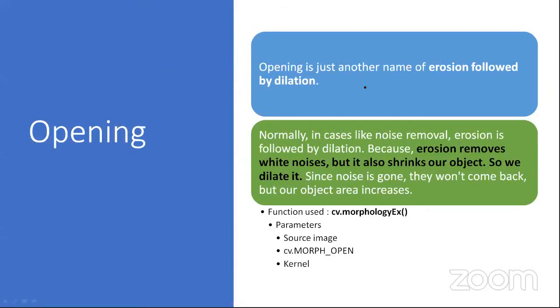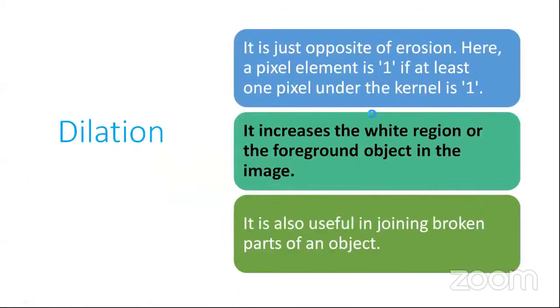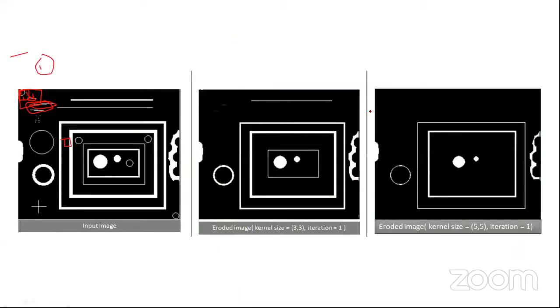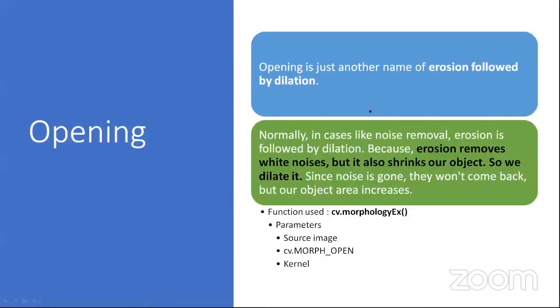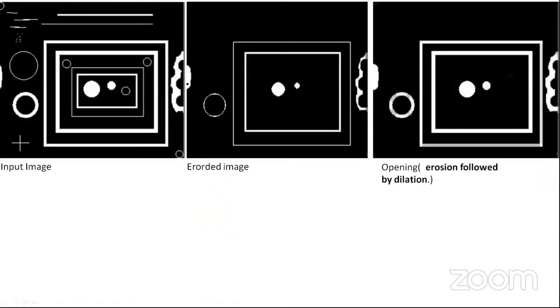So we have opening, which is erosion followed by dilation. So in erosion, what we do is we reduce the white noise, and in dilation, we increase the white region. So suppose this is an image, but I wanted to remove this noise here, so I apply erosion. Okay, and my noise is gone. Now I am happy. But on the other hand, you can see the thickness of the white region also reduces.